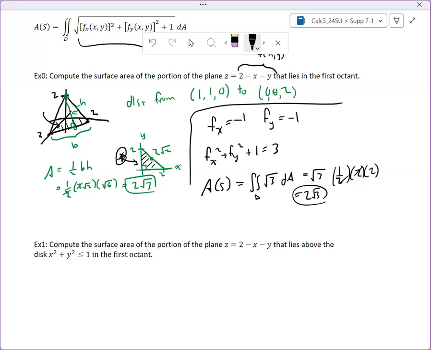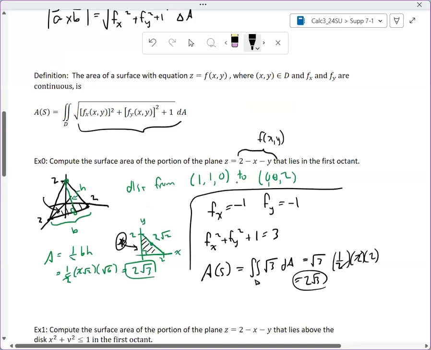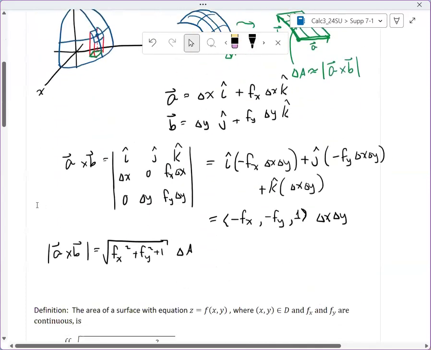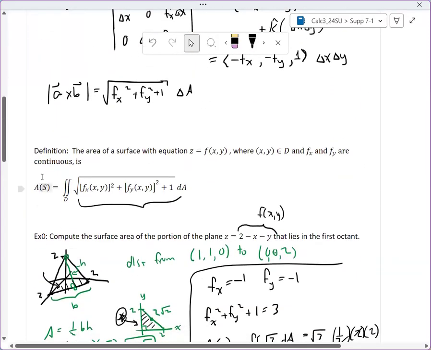Okay, so that was certainly a pretty simple problem to work through. We will get to some more challenging problems. One little note on surface area. In Calc 2, you might have seen areas of surfaces of revolution, and even in arc length, if you just picked a random function and a random region and tried to find the surface area, chances are pretty darn good you're not going to be able to compute the integral.